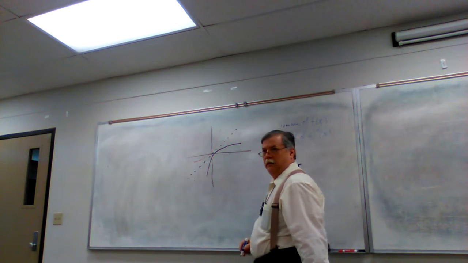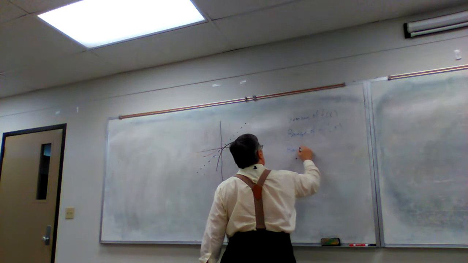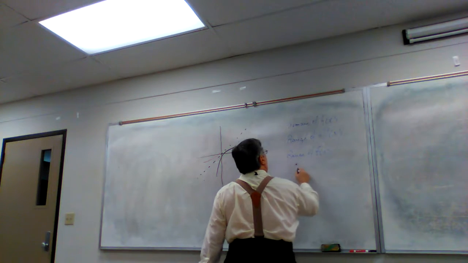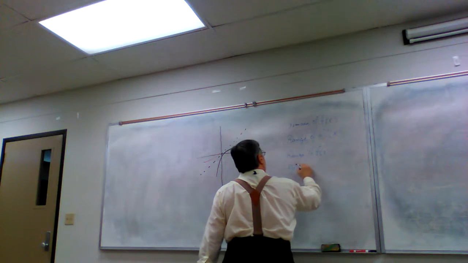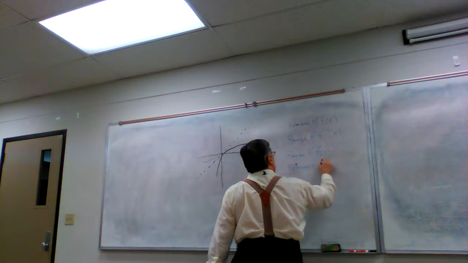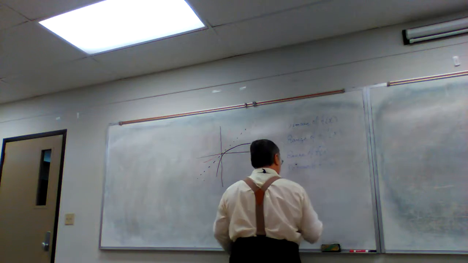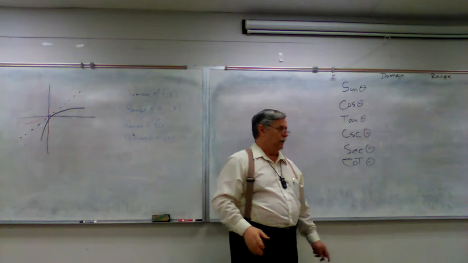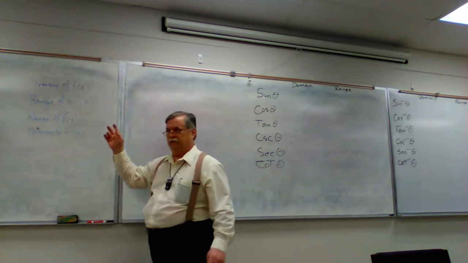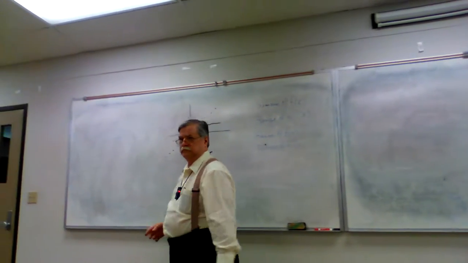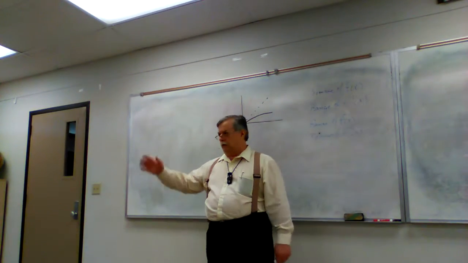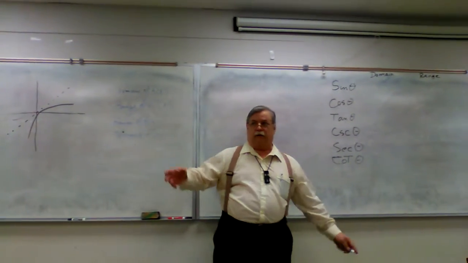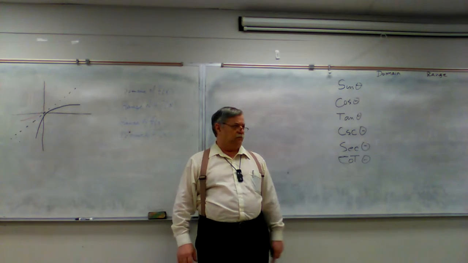And the range of f of x must be the domain of the inverse of f of x. So you start with the domain and range of your function, and they have to be swapped for the inverse function. It's as simple as that. The domain of the function is the range of the inverse function, and the range of the function is the domain of the inverse function.